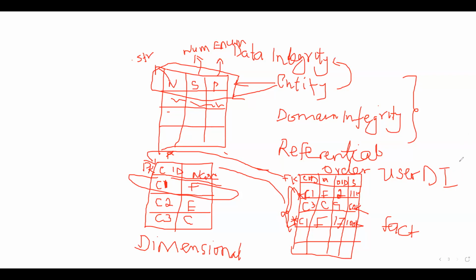The business rule is actually user-defined integrity. You are the user of this database or this data. You define how you want it to be, to ensure that the business rule is being enforced. User-defined integrity is the additional integrity check for your data. So let's say the testers want to check the database you're building.